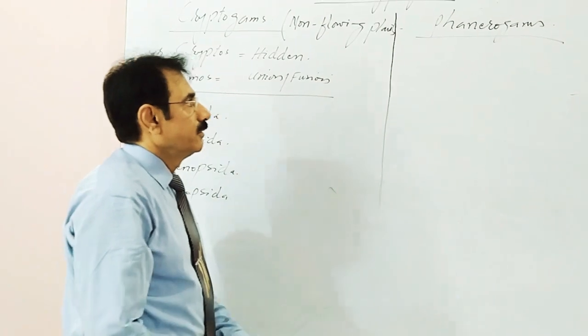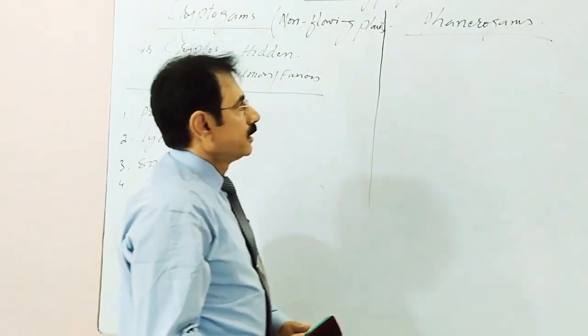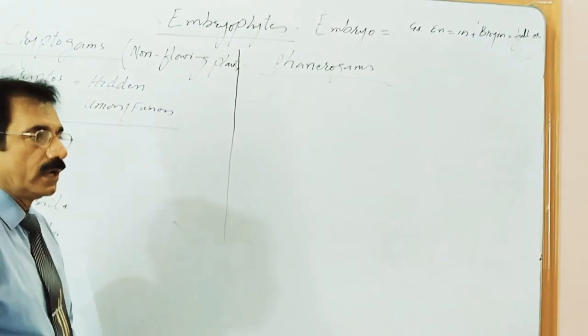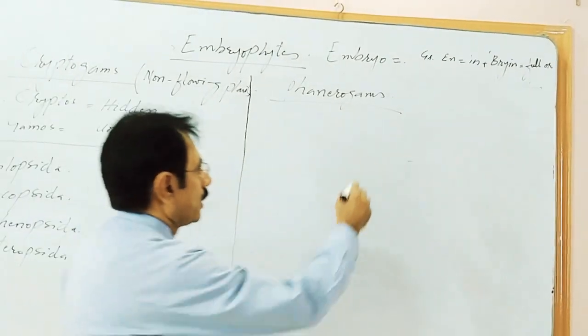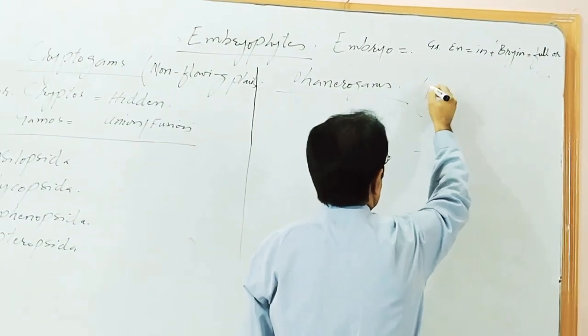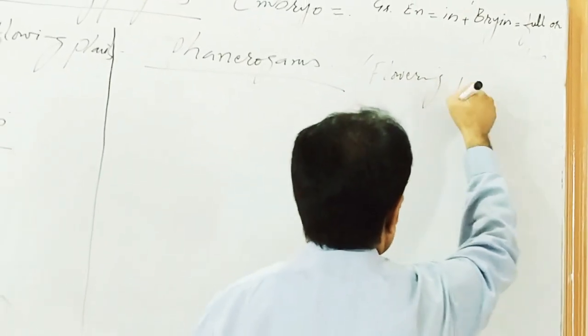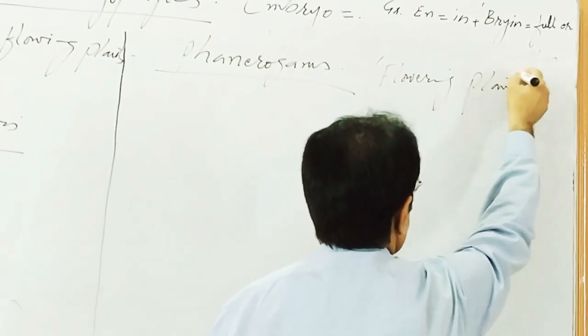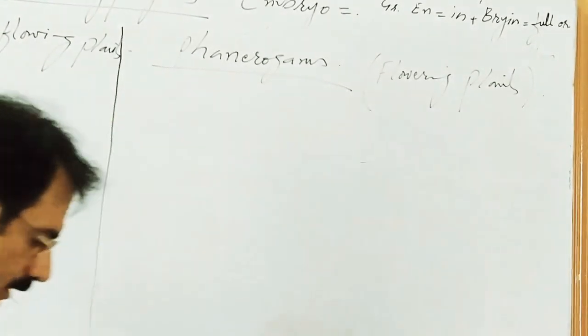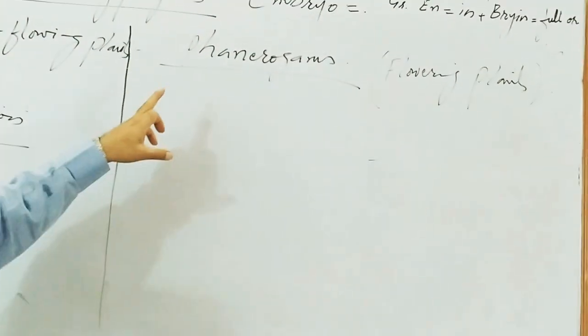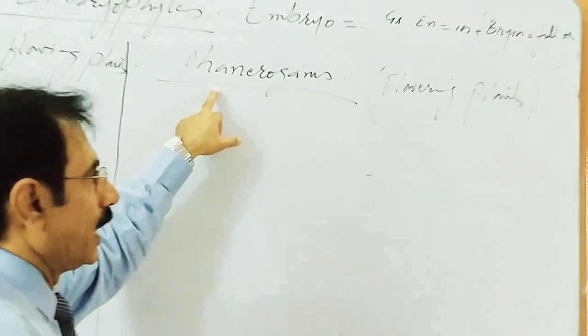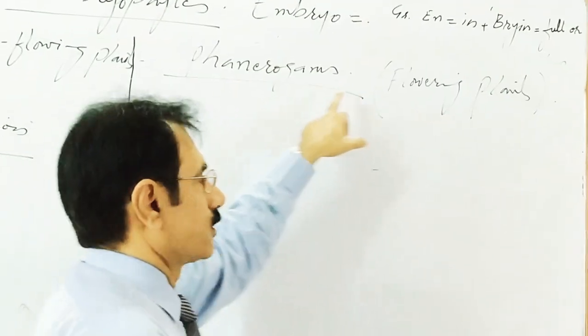Let us see number 2, phanerogams. Phanerogams are flowering plants. Dear students, but the word phanerogam never means flowering plants.